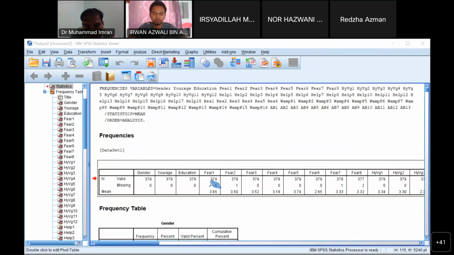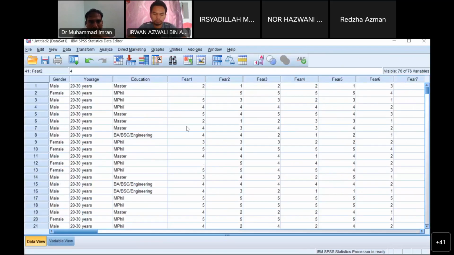So you can identify that in fair 1 there is a missing value, 5. Now, how to remove it? Just go to fair 1. See here, this is one missing value. Write 999 here.